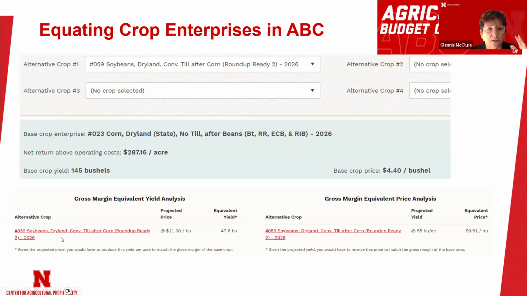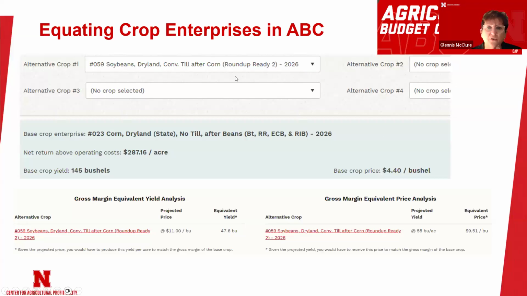Anyway, so here I can look at, okay, I would need at $11, I'd need to have the equivalent yield would be 47.6 bushel on soybeans to equal what my corn would do. Okay. And then if I had 55 bushel on that soybeans, my equivalent price would be $9.51.